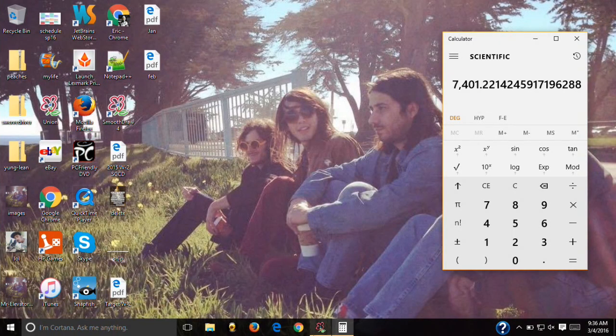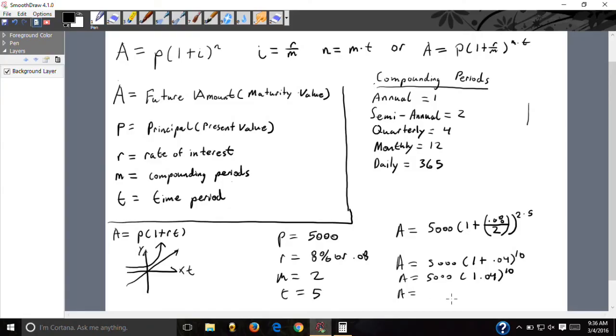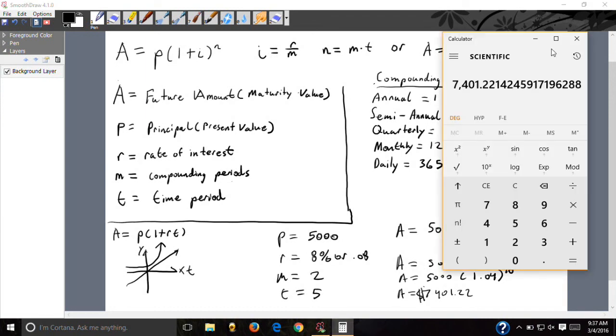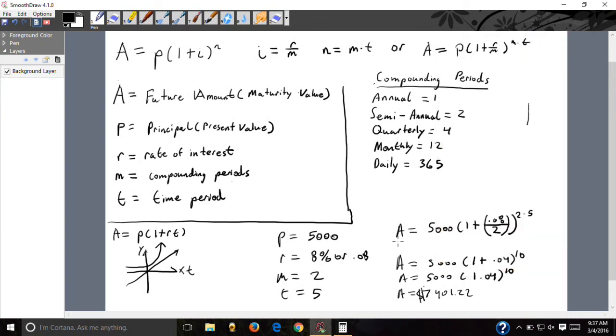Let's go ahead and write that in. 7,401 and 22 cents. Now, I rounded there because that's the very end of our finance equation. All right, and that's all there is to it.